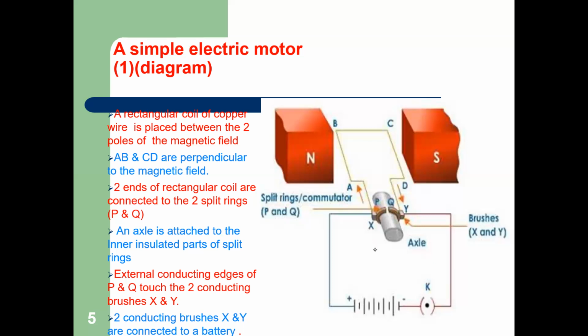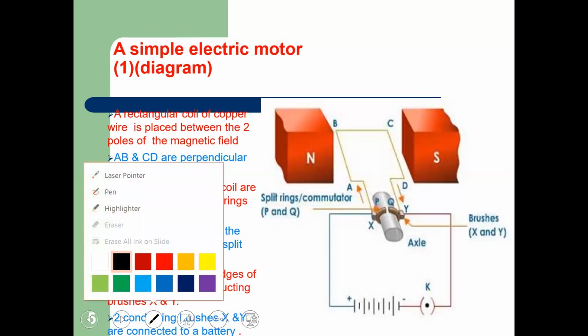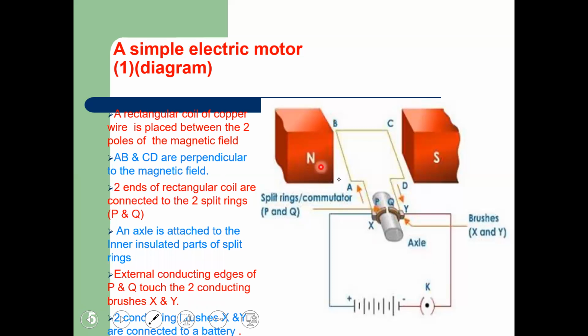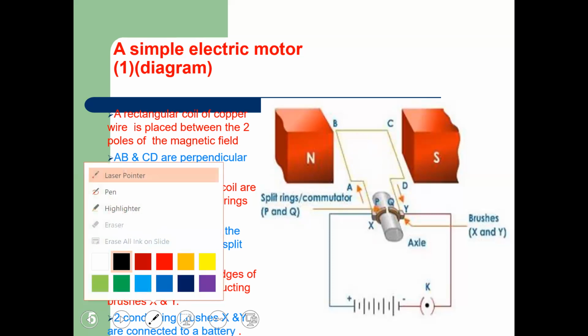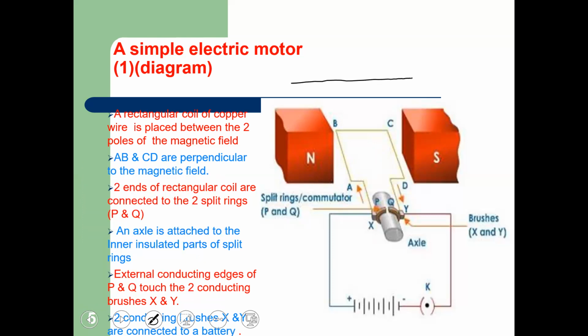So, looking at the diagram here, let me bring out a pointer. We have a North Pole and a South Pole. So, we don't need much to say that the direction of the magnetic field is from the left side of the screen to the right.